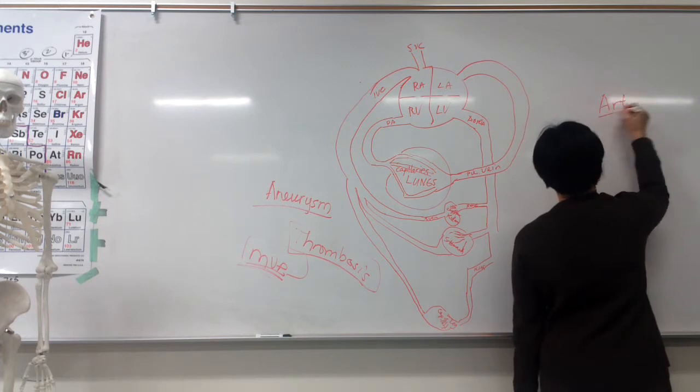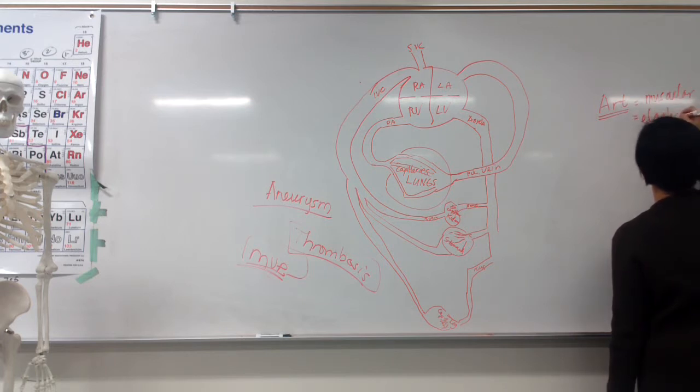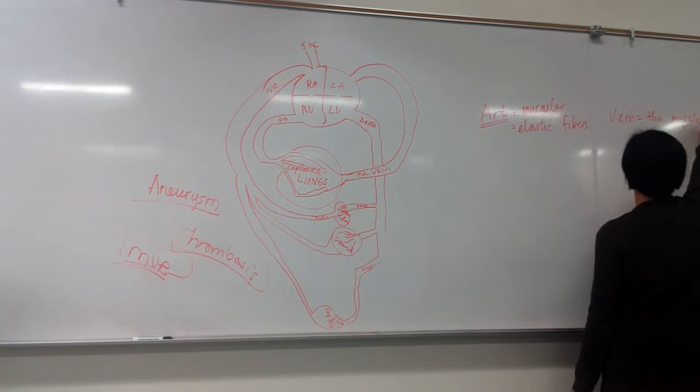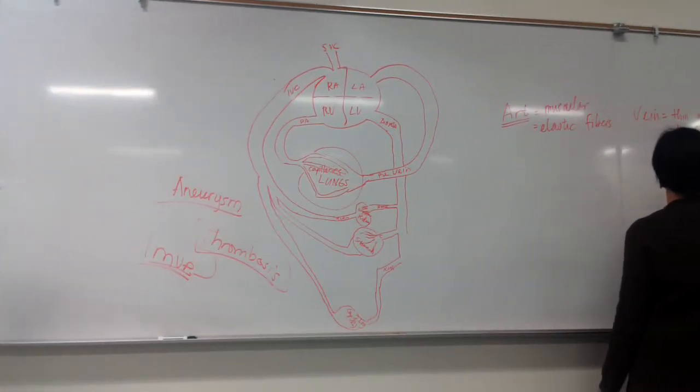What's a key feature with arteries? It's very muscular, right? And then there's two layers of elastic fibers. Whereas veins have very, very thin muscle, and there are no elastic fibers, right?